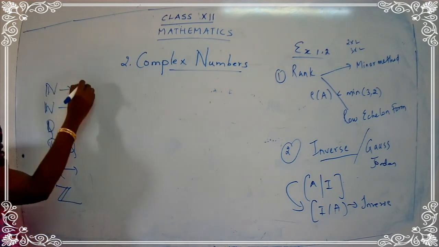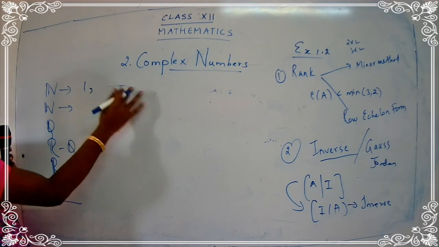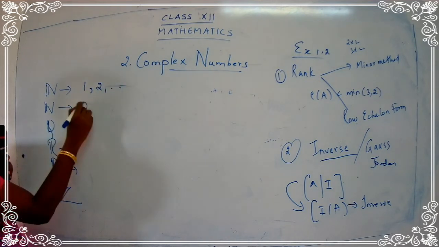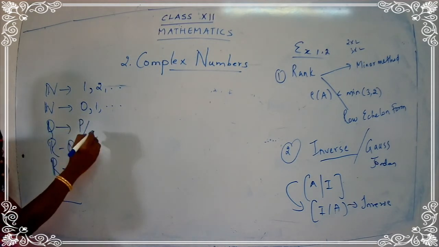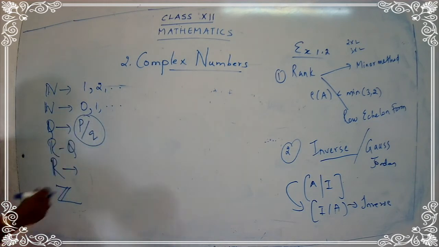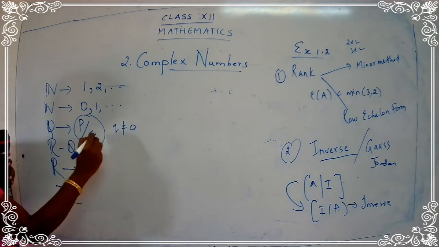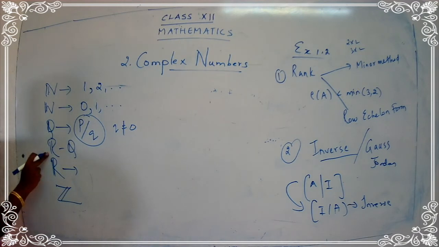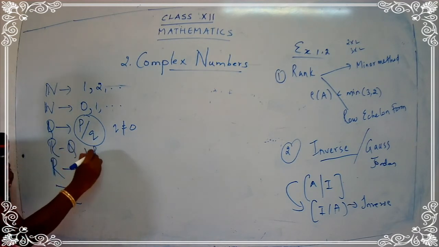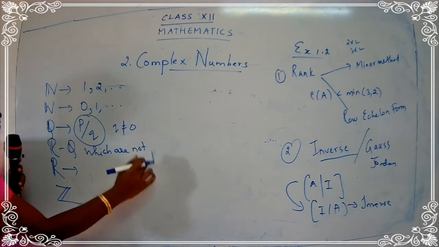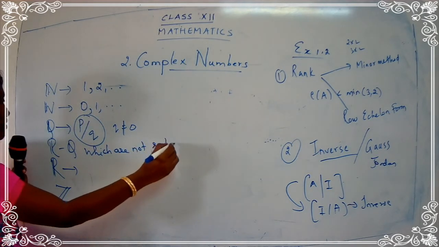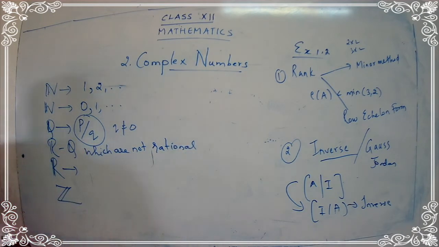The natural number starts from 1, 2 and so on. Whole number starts from 0 and so on. Rational, the number is in the form of p upon q. It's in the form of a fraction where q is not equal to 0. Irrational numbers are the numbers which are not rational.